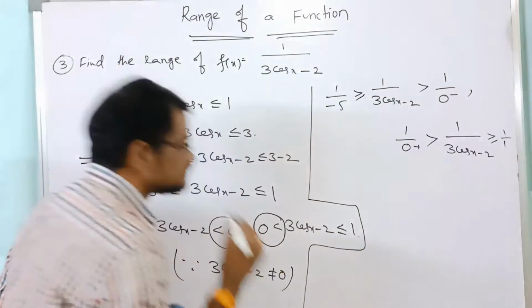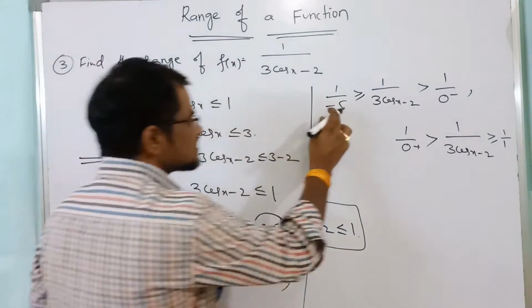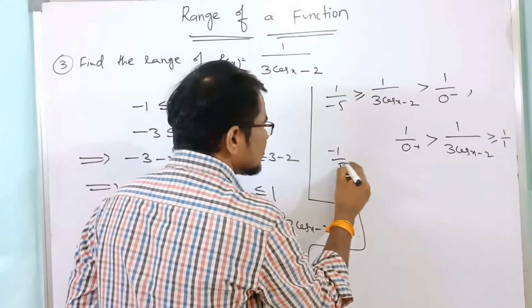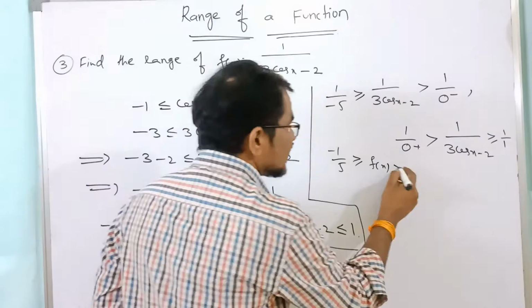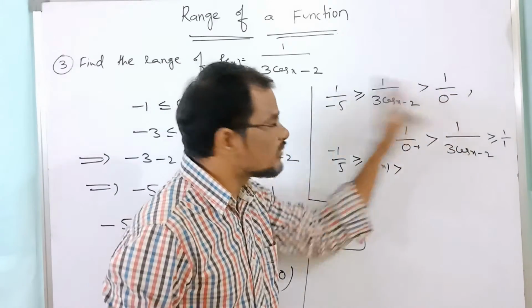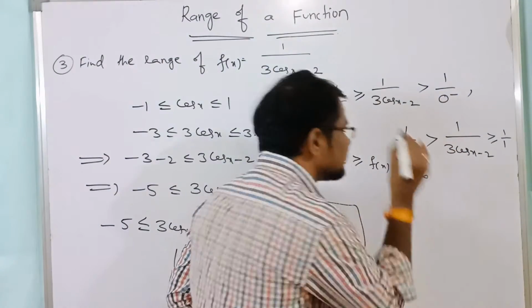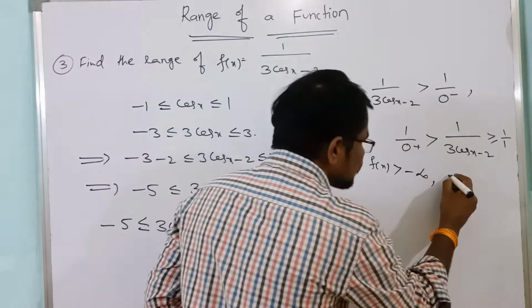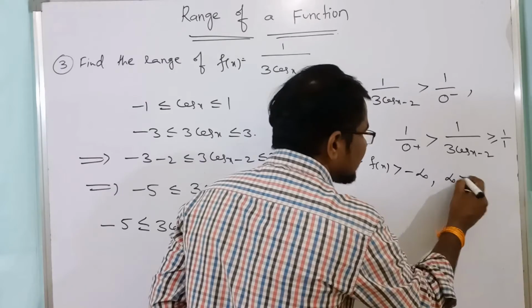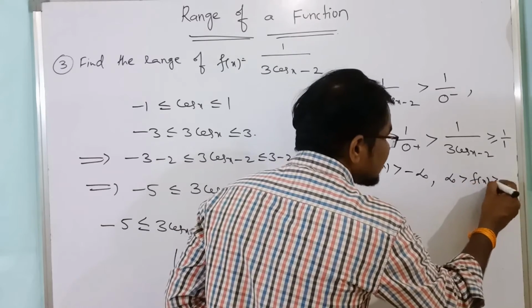Now simplify this one. Minus 1 by 5 greater than or equal to f of x greater than 1 by 0 minus, which is minus infinity. Next this one, 1 by 0 plus, infinity greater than f of x greater than or equal to 1.